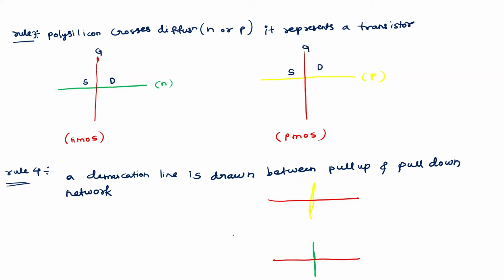To separate these two things, we need to draw a line with the help of, I don't have that orange color, but we generally use orange color, and make a separation between pull up and pull down network. All PMOS devices must lie on one side of this demarcation line, and all the NMOS should lie on the other side of the demarcation line.